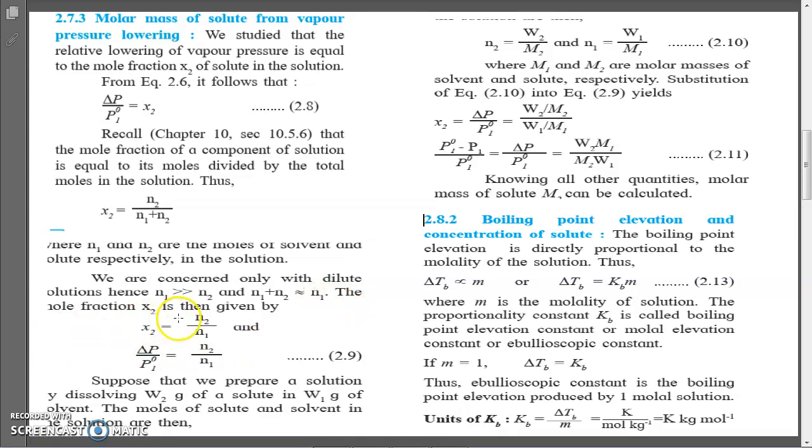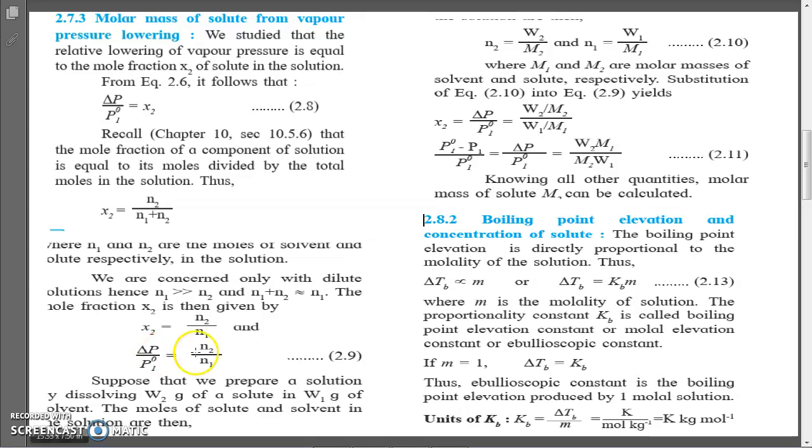The mole fraction X2 is then given by X2 is equal to N2 divided by N1, and X2 is nothing but delta P divided by P01 from equation 2.8, which is N2 divided by N1.